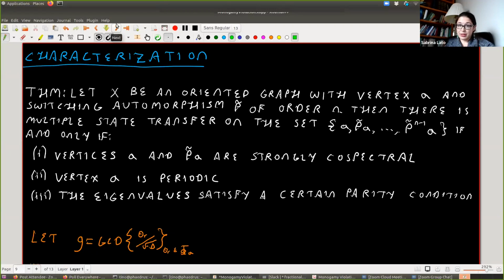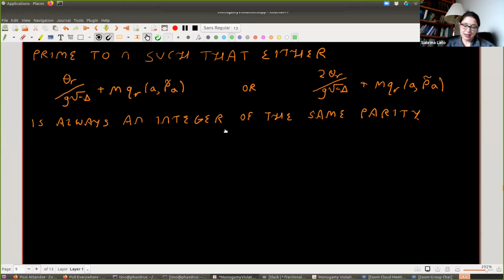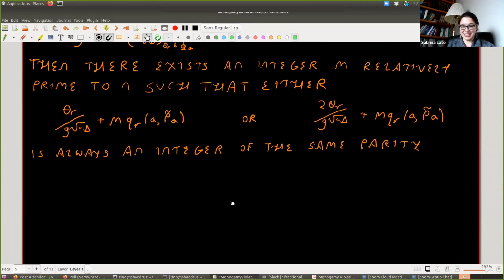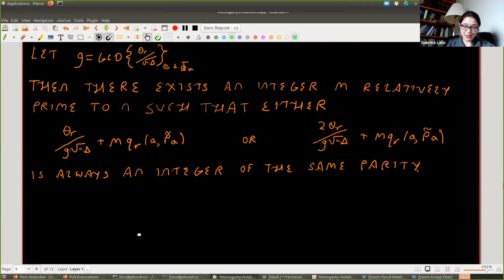Therefore, you can figure out, using our previous characterization, what properties the eigenvalues need to satisfy. And if you're really curious, there it is, but the main thing to know is that it works.